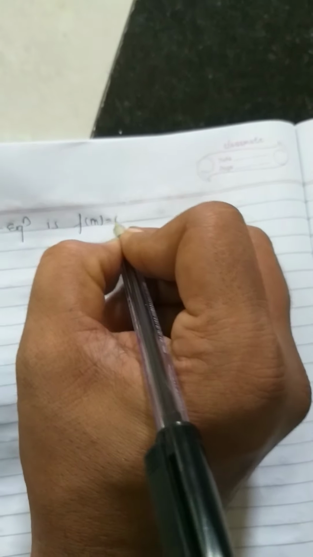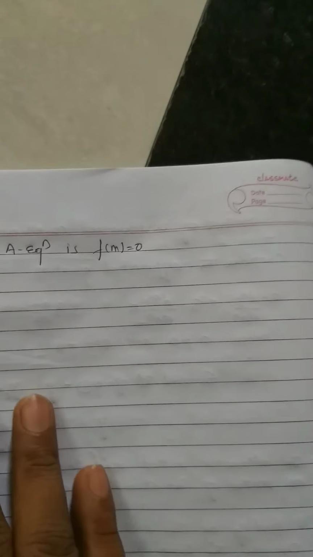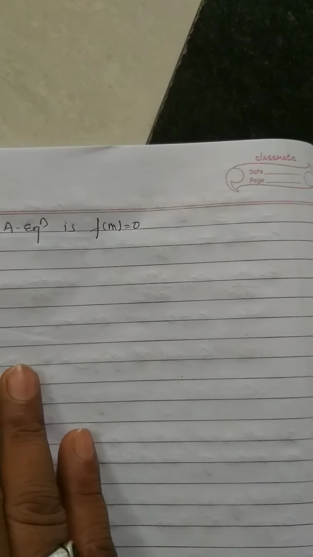To find the particular integral or complementary function, first of all you have to find the auxiliary equation. The auxiliary equation is f of m equal to 0. That means we replace D by m in f of D and equate it to 0. What is the auxiliary equation here?